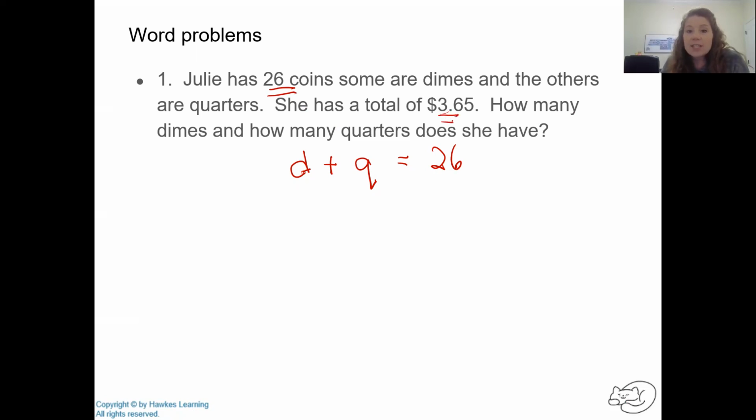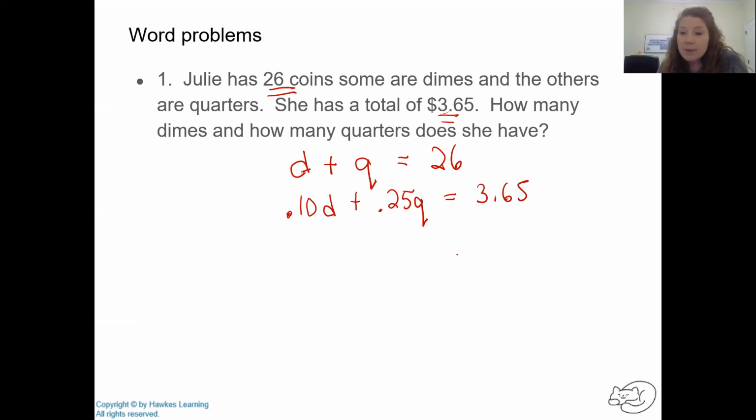Now the next equation has to do with how much they're worth. So a dime is worth 10 cents. So I would multiply 10 cents times the number of dimes I have, plus quarters are worth 25 cents. So 25 times the number of quarters I have. And I want to know what combination gives me $3.65.